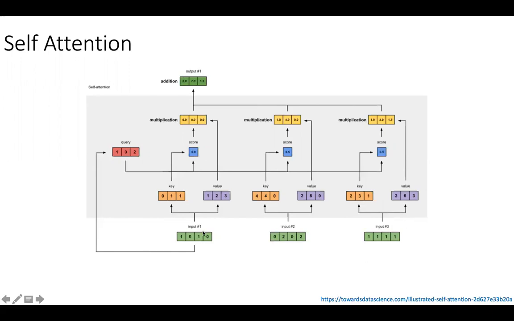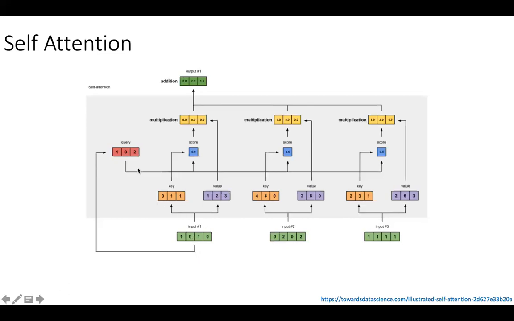After getting the query, key, and value for each input, the problem is to determine the attention score for, say, the first input.